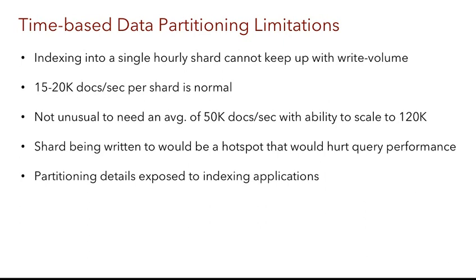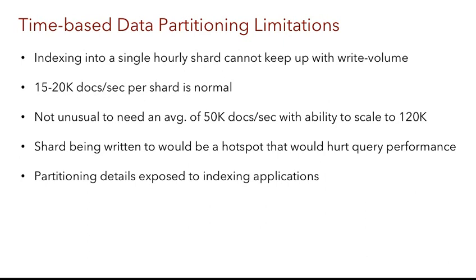But the log indexing application is pretty much sending logs in for current time or near real time. So you're really always just indexing into the current bucket, if you will, the current hour shard. Well, I'm sorry to say that a single hourly shard cannot keep up with high volume writes.